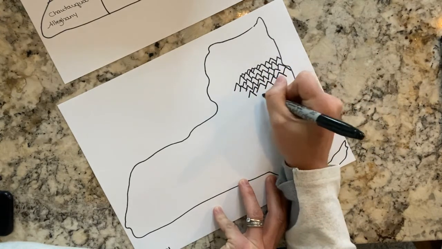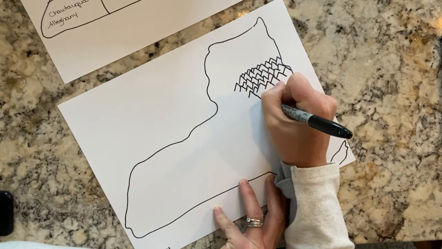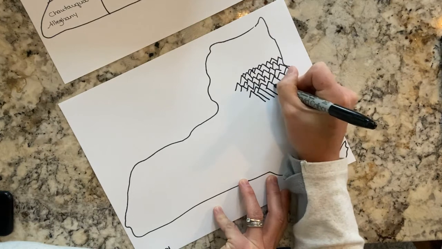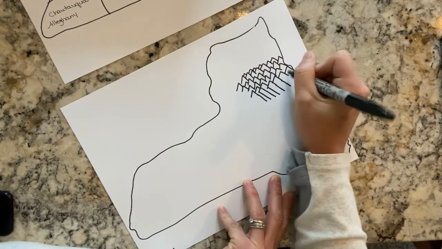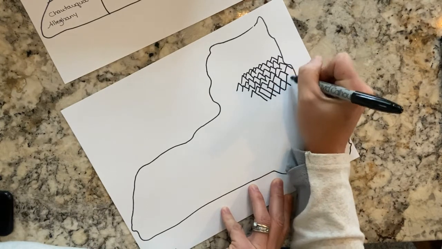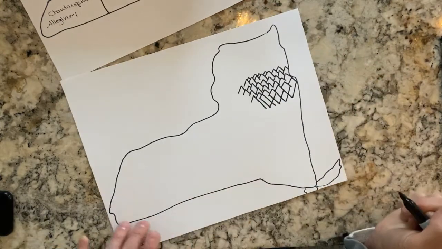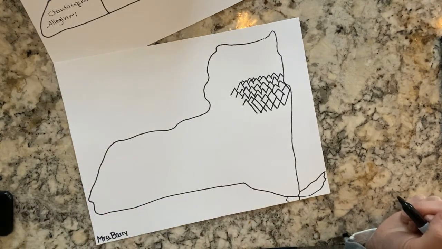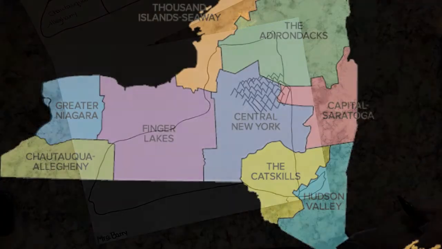The big thing is going nice and slow. All right, I'm going to come back and I'll show you my finished one when I'm done. Okay, so have fun, get your state drawn, and then think about the different regions and lines and designs and patterns and shapes that you can use.